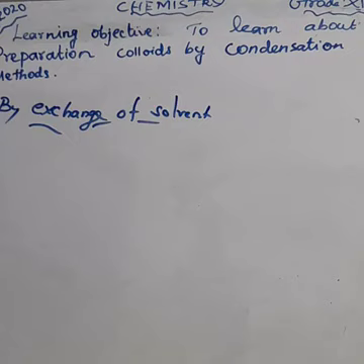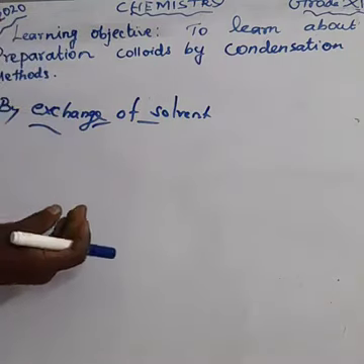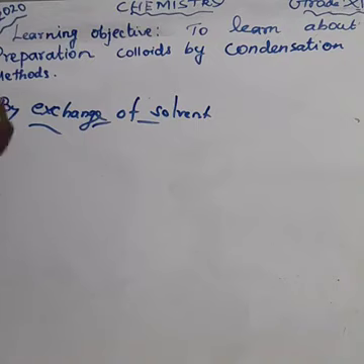Here we can obtain phosphorus or sulfur salt. Phosphorus or sulfur salt is obtained by the preparation of solution in alcohol.